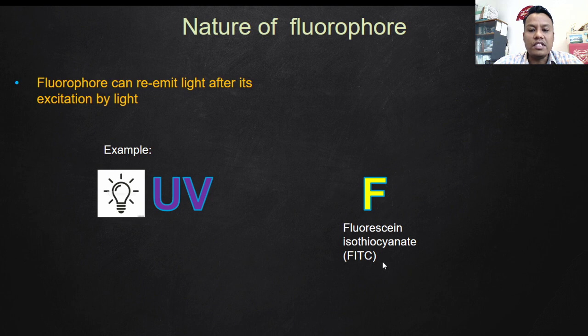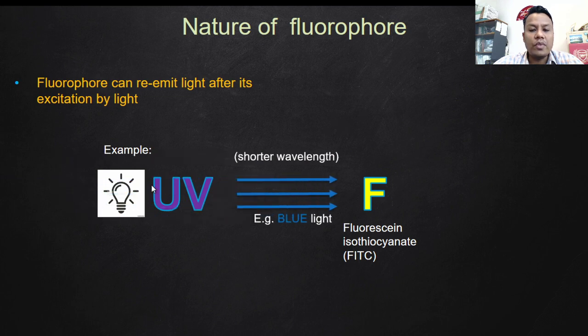I am using FITC as an example of fluorophore, one of the most commonly used fluorophore in medical science. But bear in mind there are a lot more types of fluorophore being used.